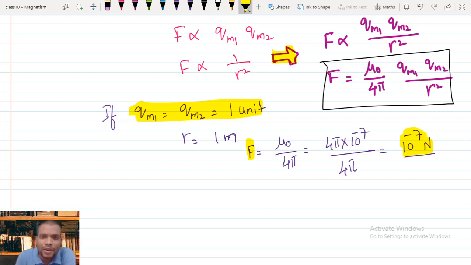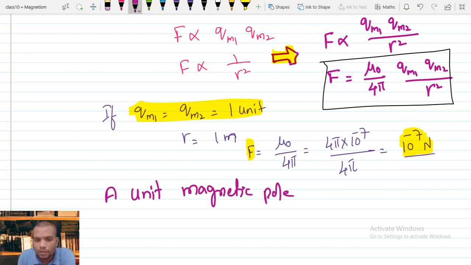A unit magnetic pole experiences a repulsive force on another unit magnetic pole in vacuum at a distance of 1 meter, and that force is 10 power minus 7 newton. Then we can define that as a unit magnetic pole.